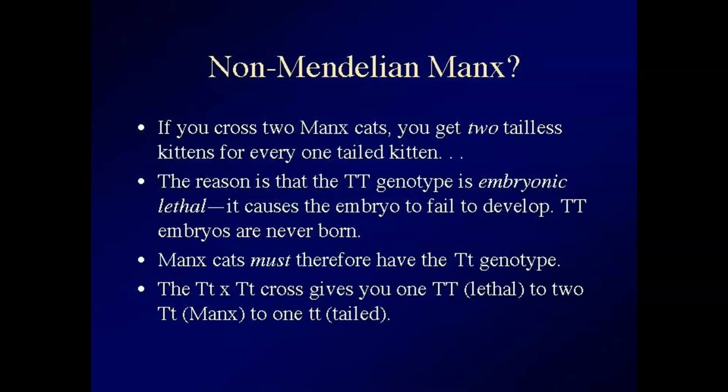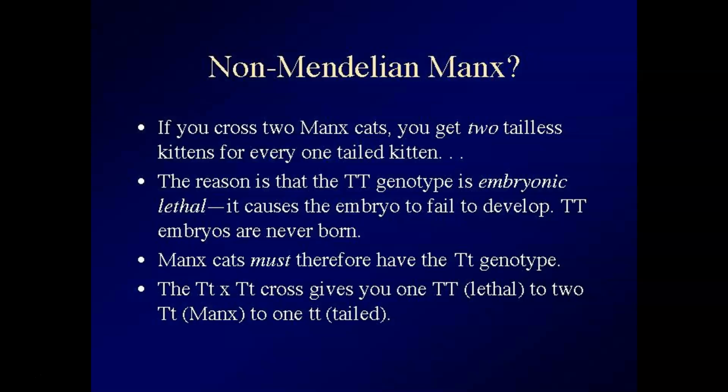So in the case of these Manx cats, there's no such thing as homozygous dominant, right? You'd think, all right, I'm going to breed these cats, I'm going to make them purebred tailless because then I can only ever get tailless cats. And yet that's not what you're going to see with this particular breed, and there's a reason for it. It's because having that double dominant allele set, that homozygous dominant, is actually embryonic lethal, so that embryo fails to develop.